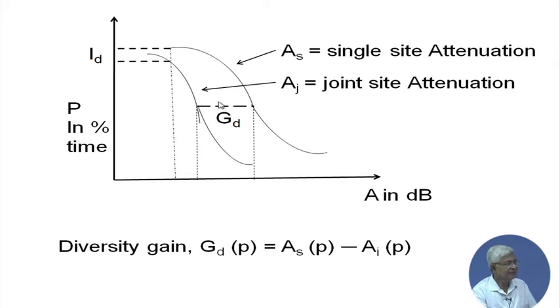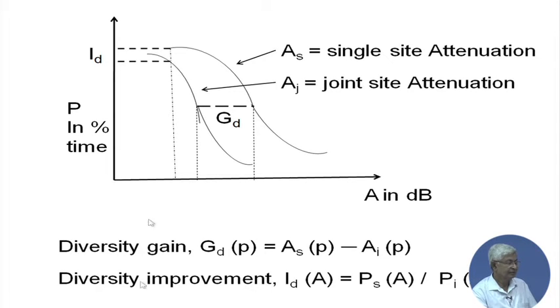But there could be another way, that for a particular attenuation, for less amount of time, you will get the advantage in terms of probability using the joint site attenuation, which is called improvement. So improvement is defined as ID. So diversity improvement ID(A) is PS(A) by PJ(A).